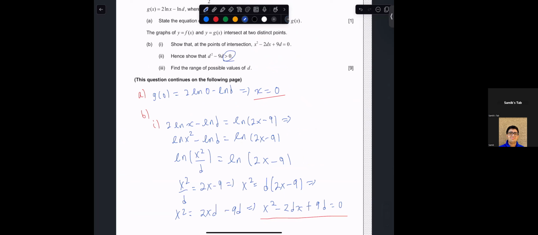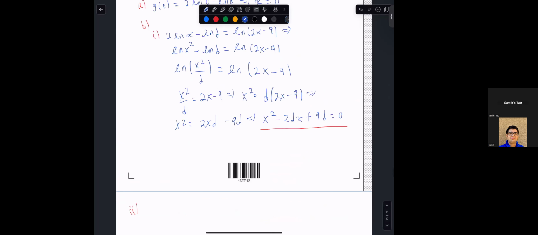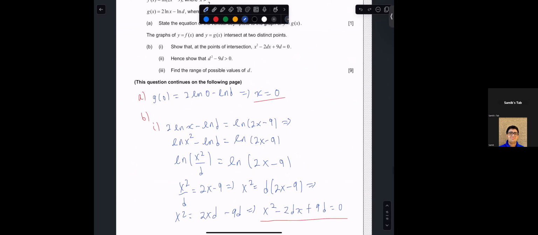Greater than 0 is because it's asking us for two distinct points. So this is talking about the discriminant. Whenever it says two distinct points, the discriminant is greater than zero; if it says one exact point, it is equal to zero; and less than zero means no points. So we have these conditions.